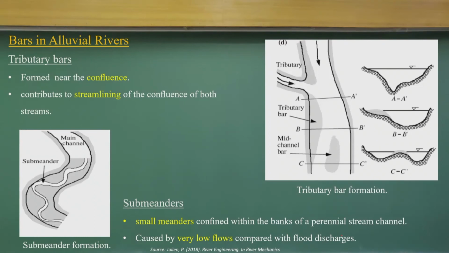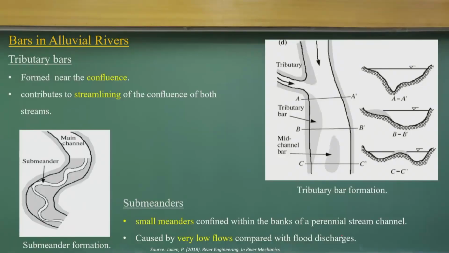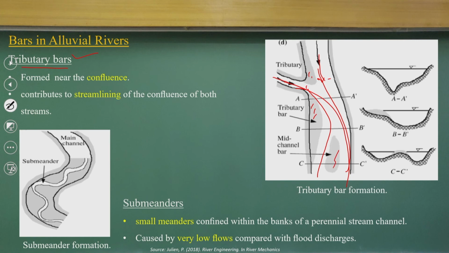Now, if you look at it, many of the times we have the river and the tributaries are joining it. So, you can have depositions, which is called tributary bar formation. For example, if you look at these cases, okay, two rivers are joining, and if you draw the streamlines and all, the flow will come like this, okay, flow will come like this. So, there will be erosion, and the deposition also occurs.